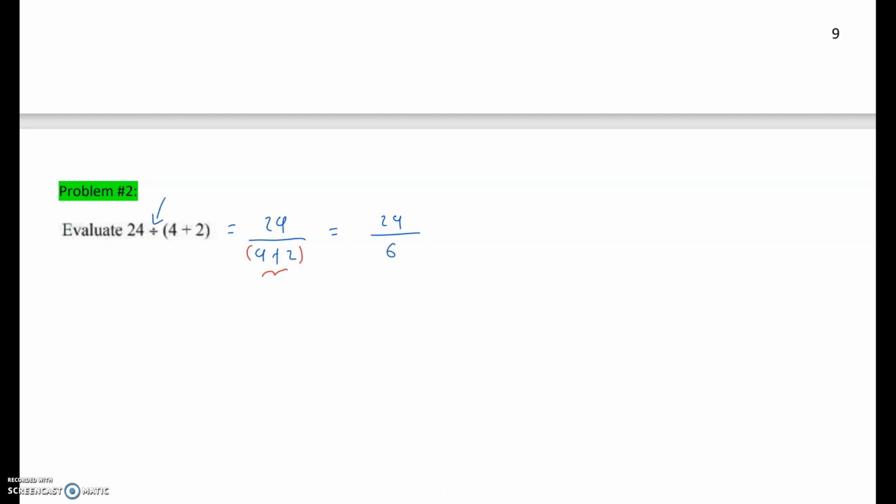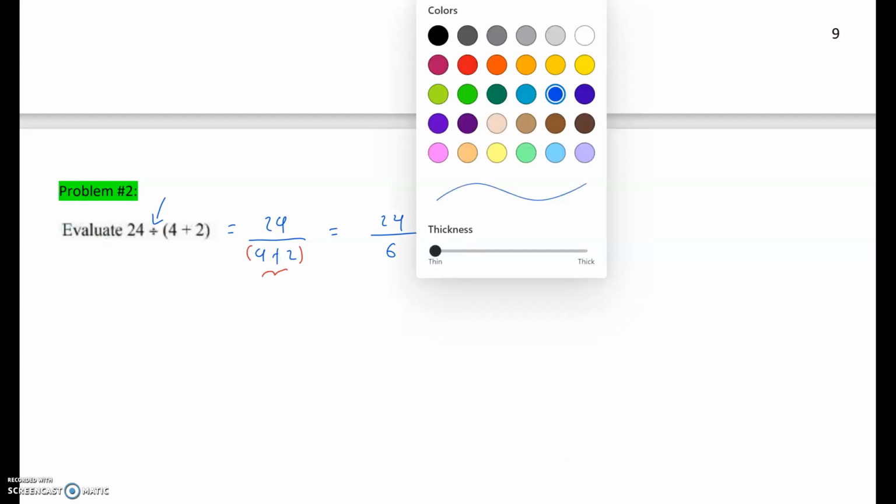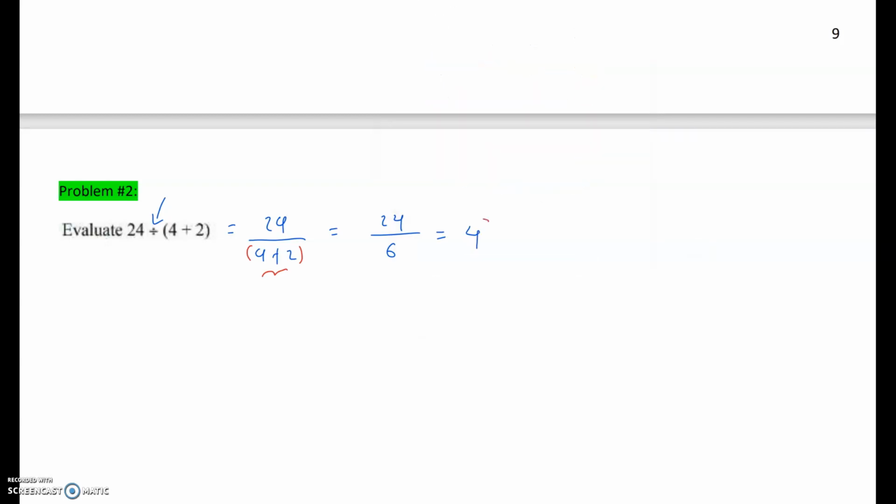So that's going to give us a 6. And then as we carry the division, this is equal to the value of 4. So here what I did on the first step was left to right division, and I just expressed it as a fraction. And then I went from there, looking at the parentheses.